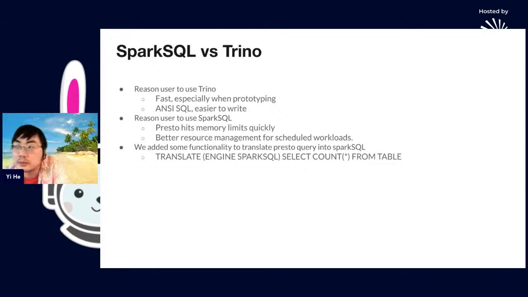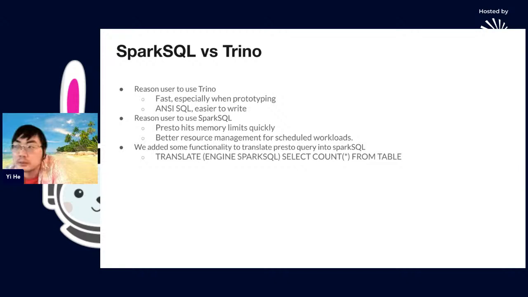However, when transitioning into production, a problem users often face is that there's a memory limit on how big the query can run. And Spark SQL has better resource management for scheduled workloads.